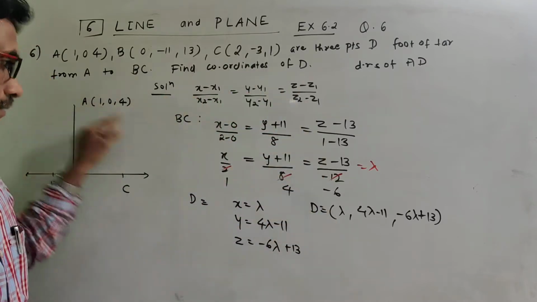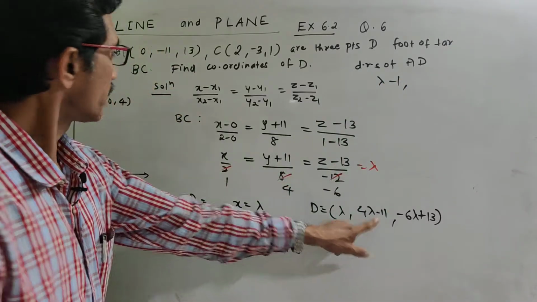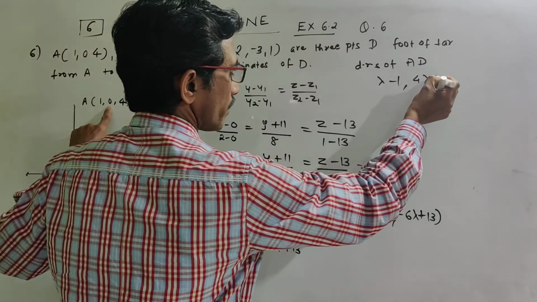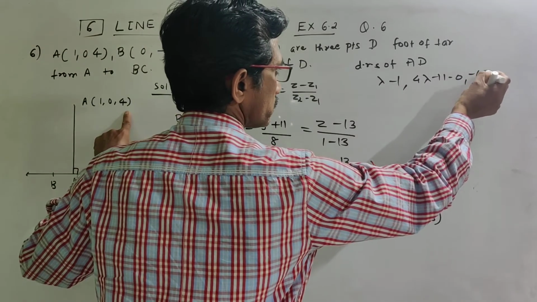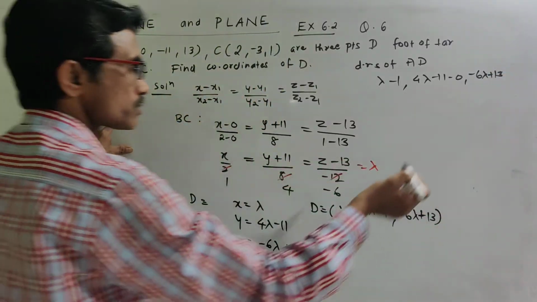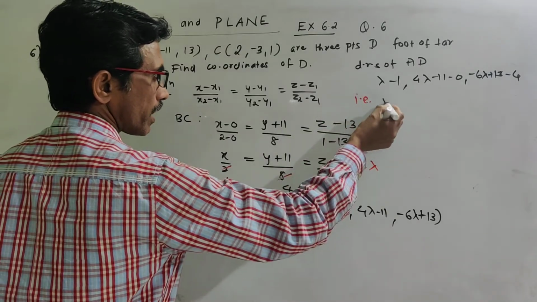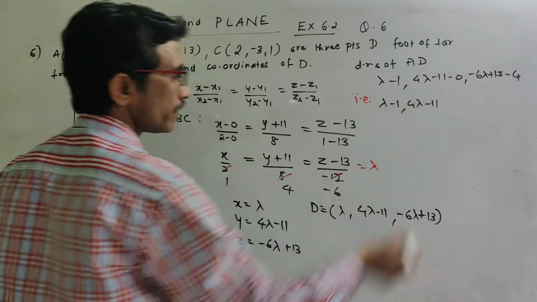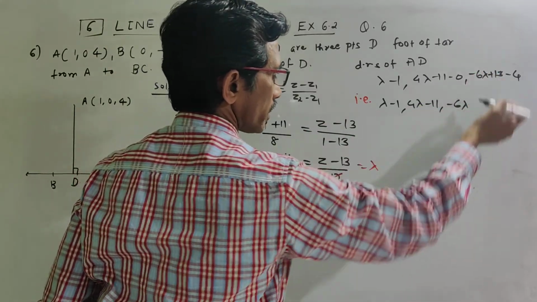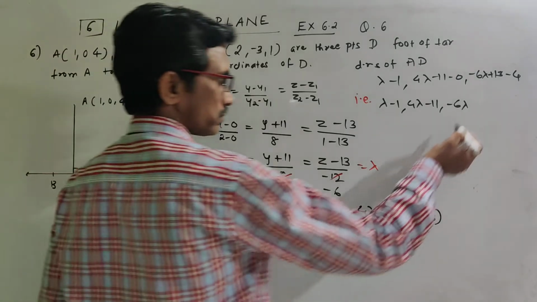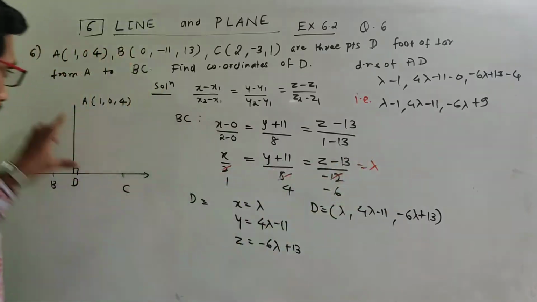So DRs of AD are lambda minus 1, 4 lambda minus 11 minus 0, and minus 6 lambda plus 13 minus 4, that is lambda minus 1, 4 lambda minus 11, minus 6 lambda plus 9.